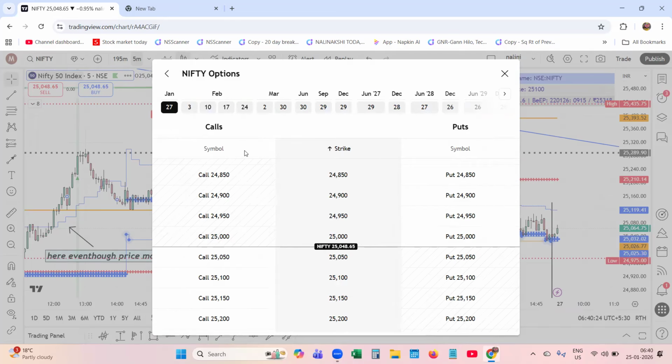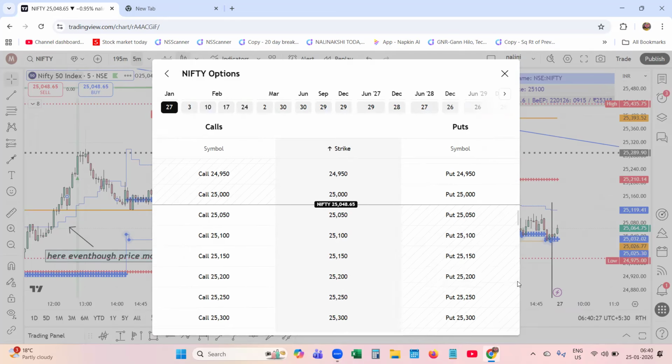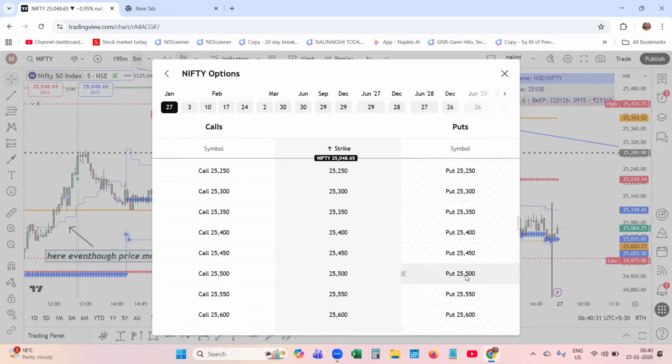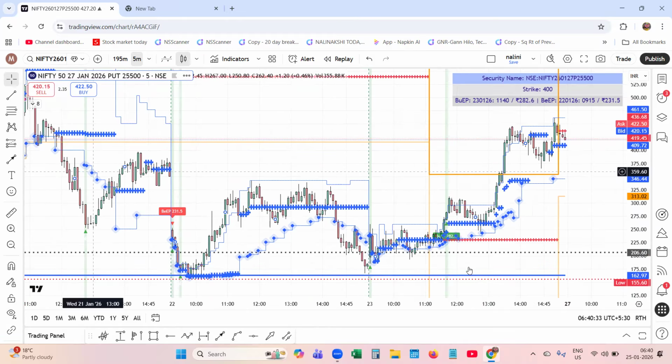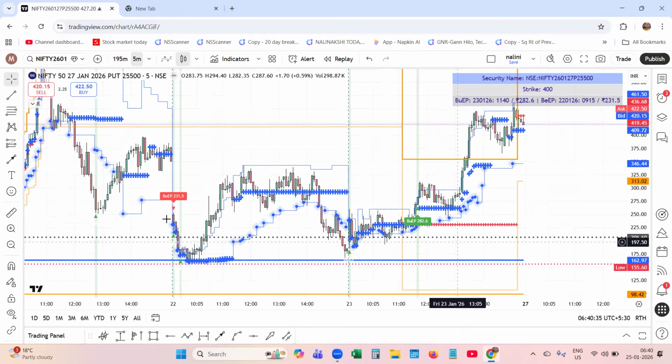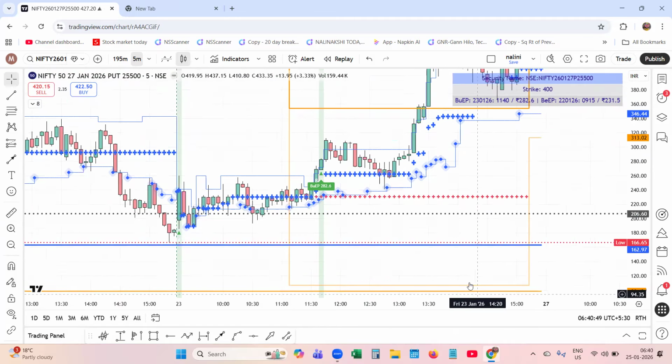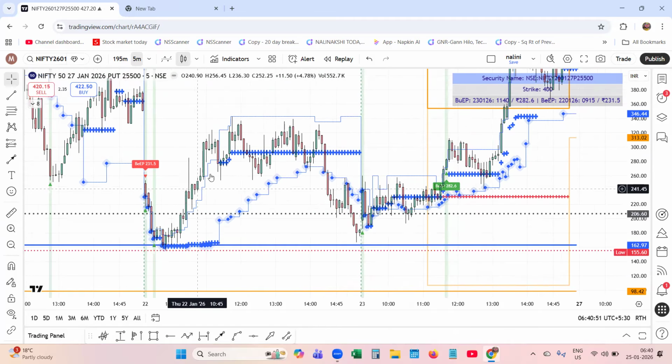Let me go to the 25,500 put option over here. You can see the price. They made it cheap, and this is where you are entering at the bottom. You can see clearly in this area, in this move, the point of control is moving higher.